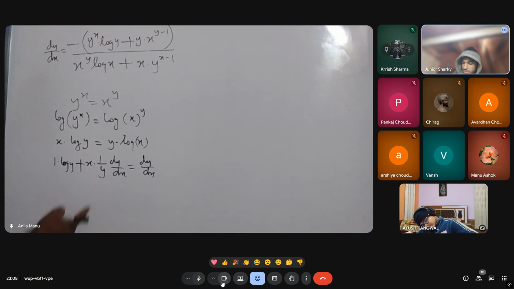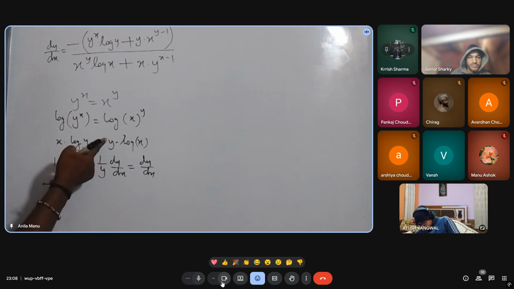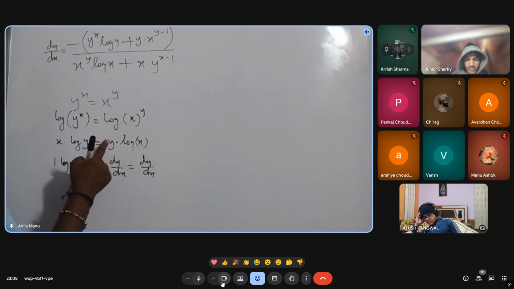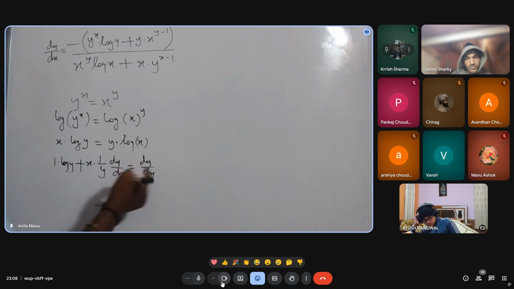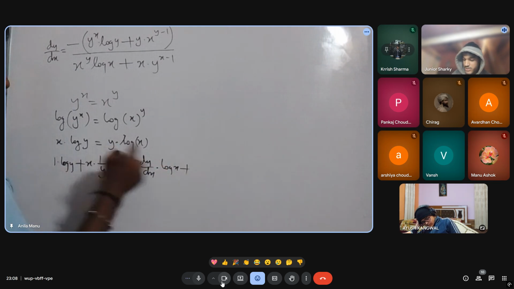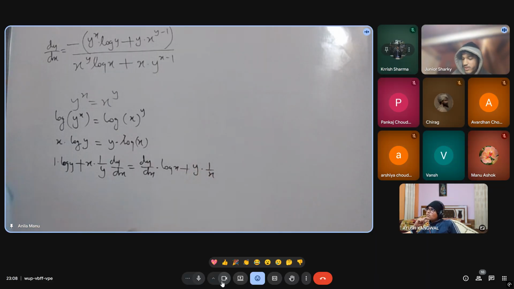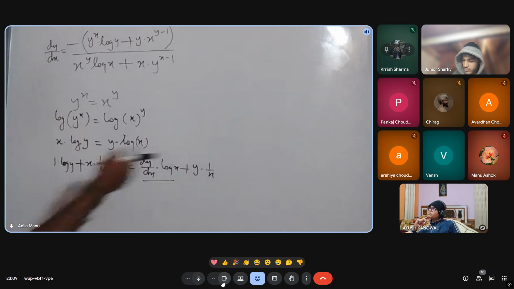We are differentiating the function with respect to x, right? So the derivative of x is 1, but for y it is dy by dx. On the right side, product rule: derivative of the first function, that is dy by dx, into the second function, log x, plus first function y, into the derivative of log x, 1 by x. Now, in these two terms we have dy by dx. So this you can take on the left hand side, and this on the right hand side.